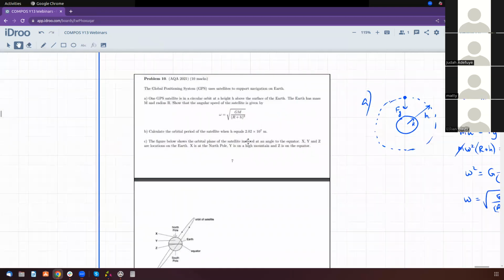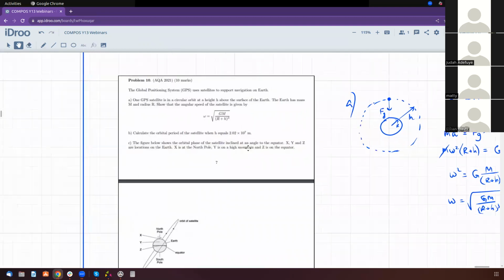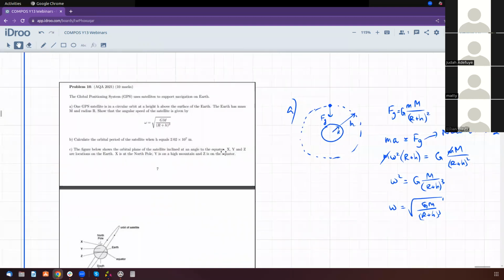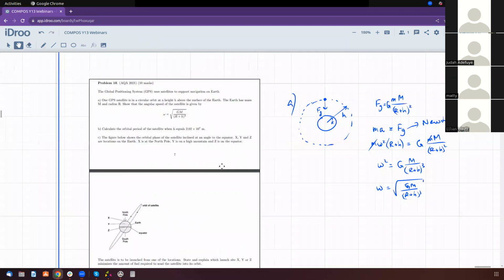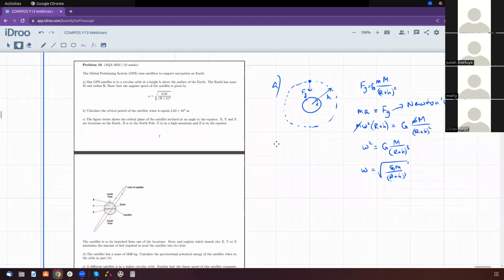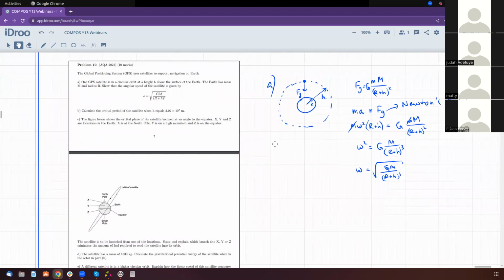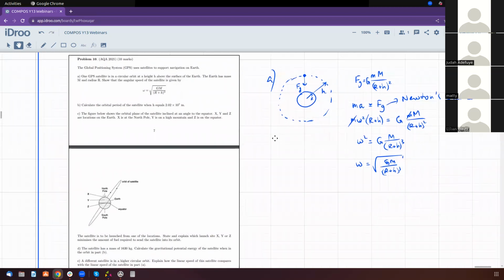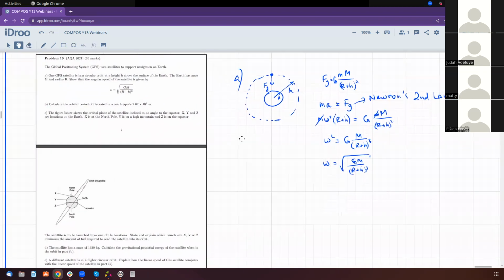B, calculate the orbital period of the satellite when h equals 2.02 times 10 to the 7. Orbital period when h is this. Well, I assume you need to look up the values, so I assume that you know the mass of the planet.